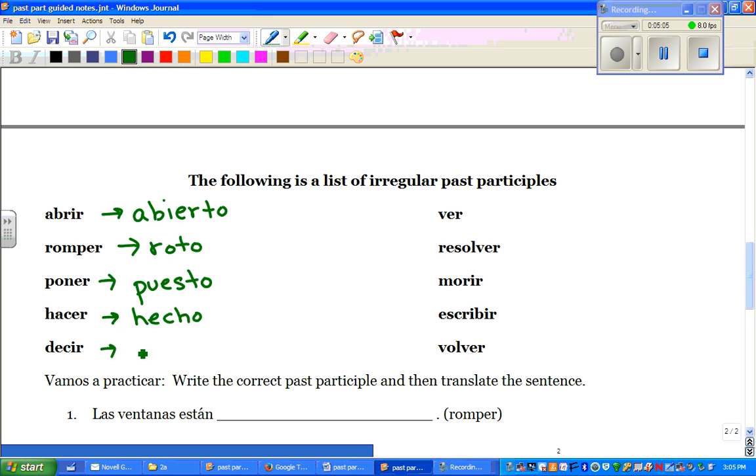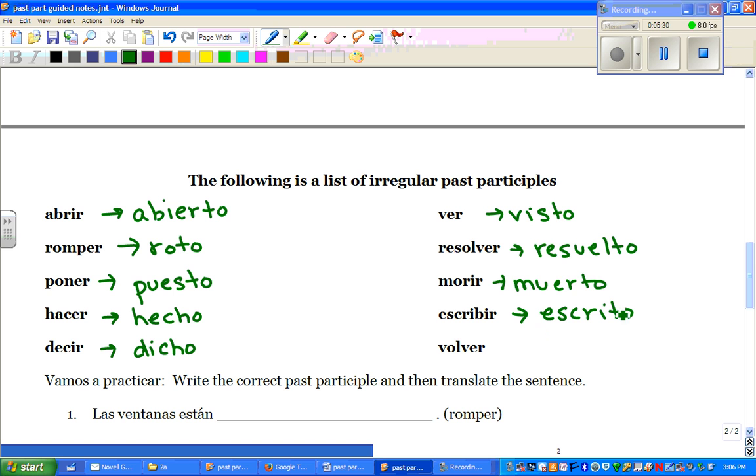Decir becomes dicho. Ver becomes visto, V-I-S-T-O. Resolver becomes R-E-S-U-E-L-T-O, resuelto. Morir, muerto. Escribir, escrito. Envolver, vuelto.